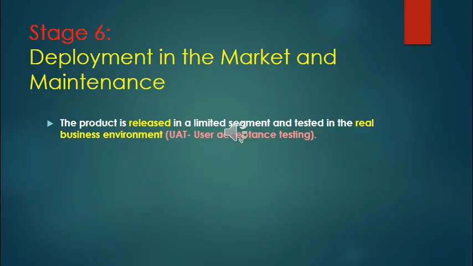And when all the requirements of the customer are met, the customer accepts the software, and thereafter the maintenance of the software is handled by the company. This stage is also known as user acceptance testing, means whether the customer accepts or not is decided in stage 6, or if the customer wants any modification or changes in the software, it is done during this stage.